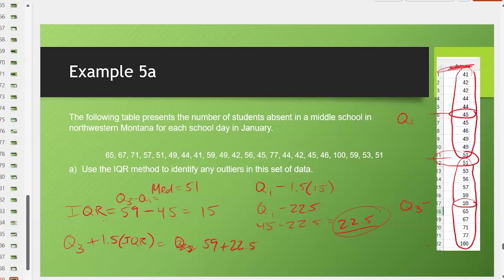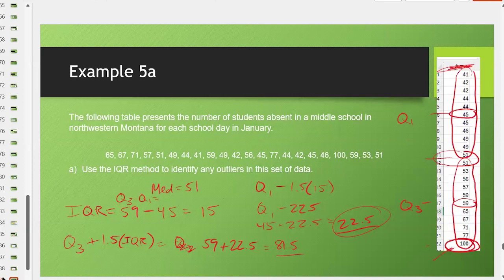So 59 plus 22.5 will give us 81.5. Okay, and now there are data values that are above 81.5. And so 100 would be considered an outlier here. Okay, it would be an outlier in our data set.